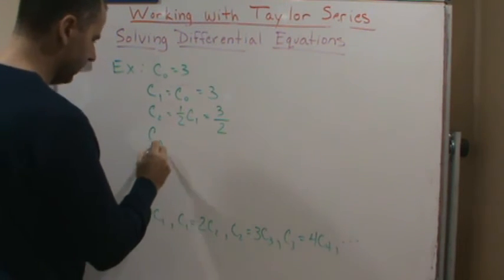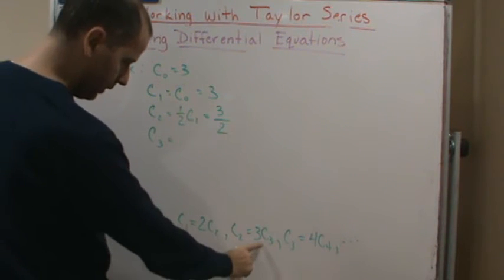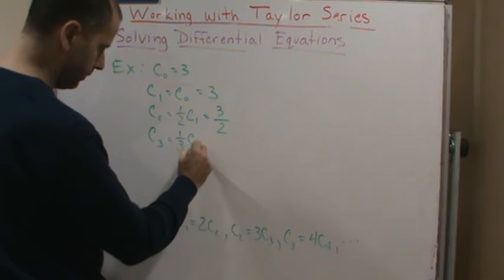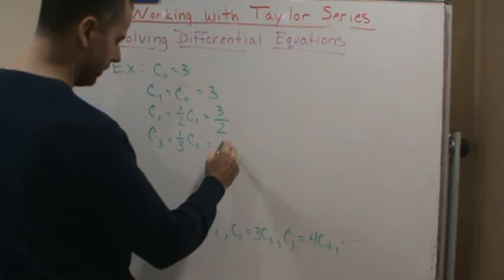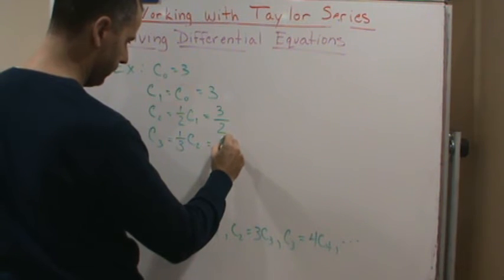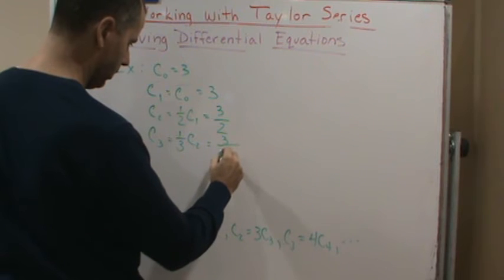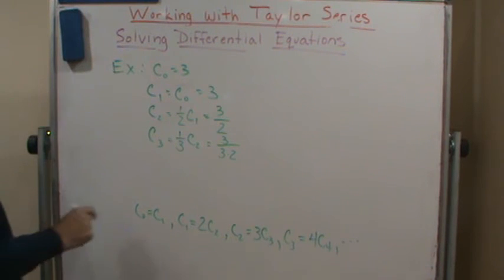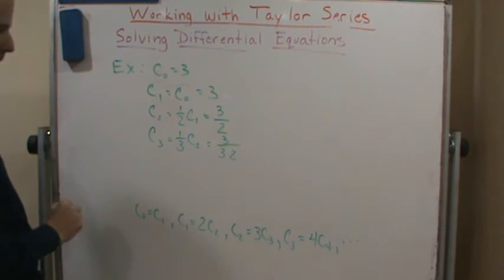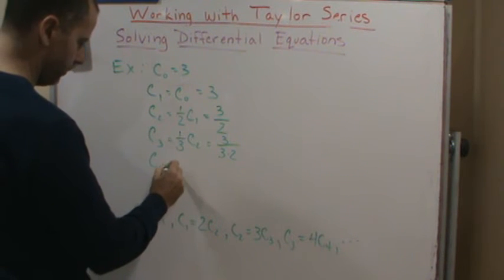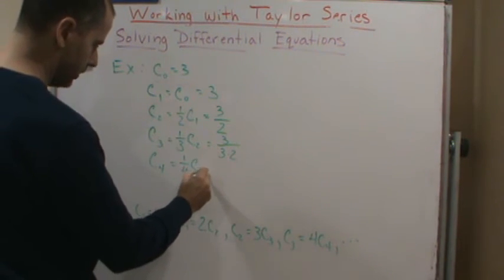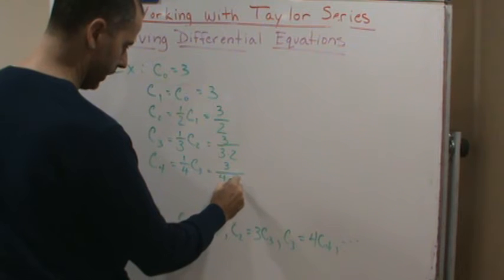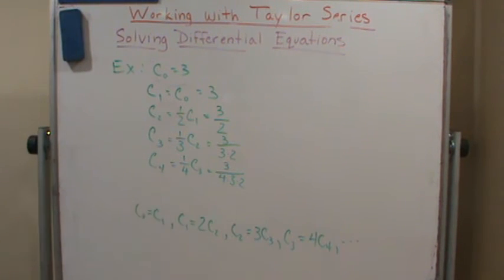And then c sub 3 equals what? c sub 3 is 1/3 c sub 2, which equals 3 over 3 times 2. And then c sub 4 equals 1/4 c sub 3, which is then going to equal 3 over 4 times 3 times 2, right?